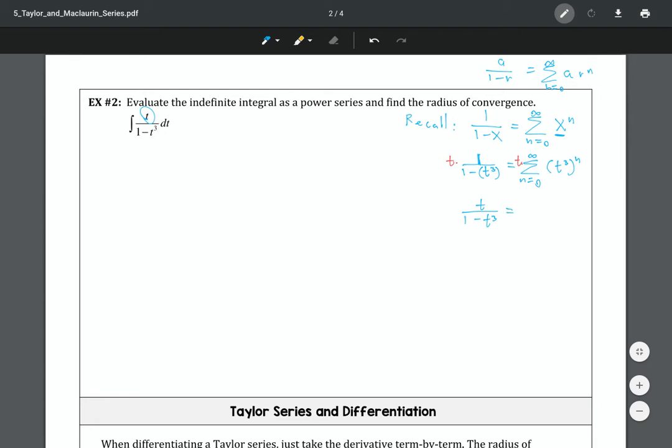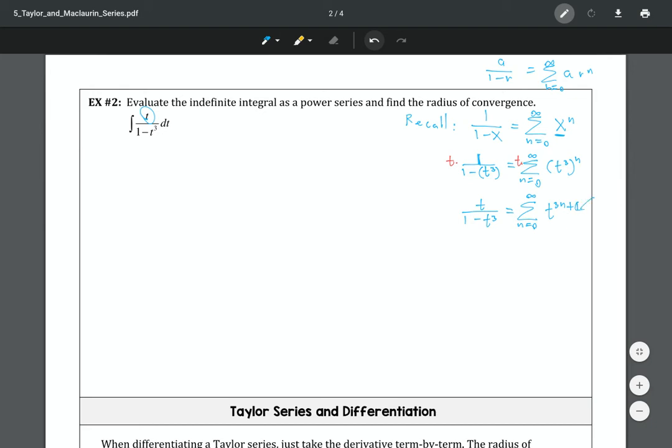And this is going to give me t to the 3n times t. I can write that as t to the 3n plus 1, as an exponent. Same thing. It does help to write it like that for what we're doing.